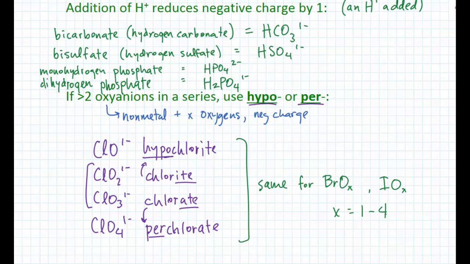So hypobromite all the way to, yep, bromine and iodine are the only ones that make this particular series of 4 ions. The charges are the same and the names are the same for all those.